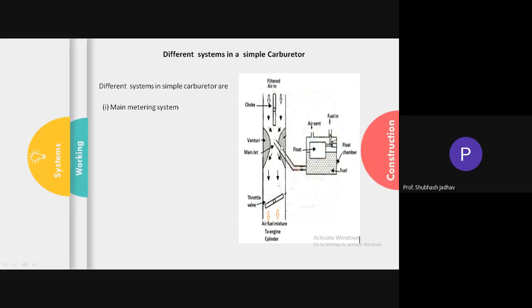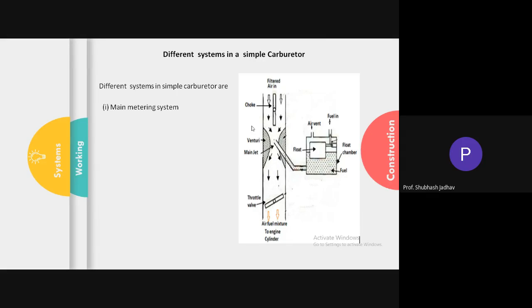It is connected to the main jet, and therefore the word main is coming. And where is the word metering coming from? Because it is measuring the fuel supplied to the carburetor. So a system is provided which ensures that a measured quantity of fuel is supplied to the engine, and that system is called the main metering system.